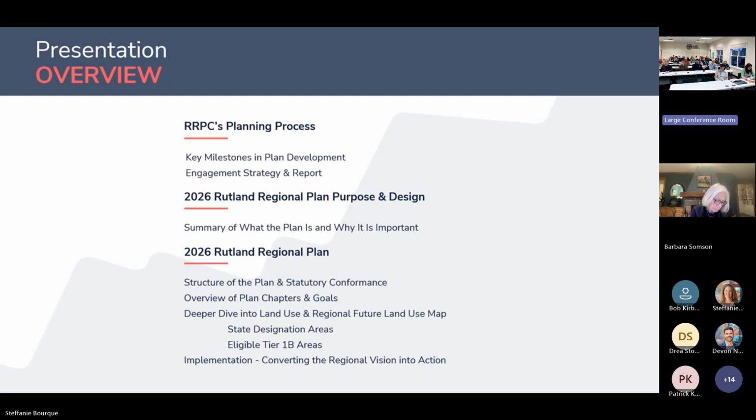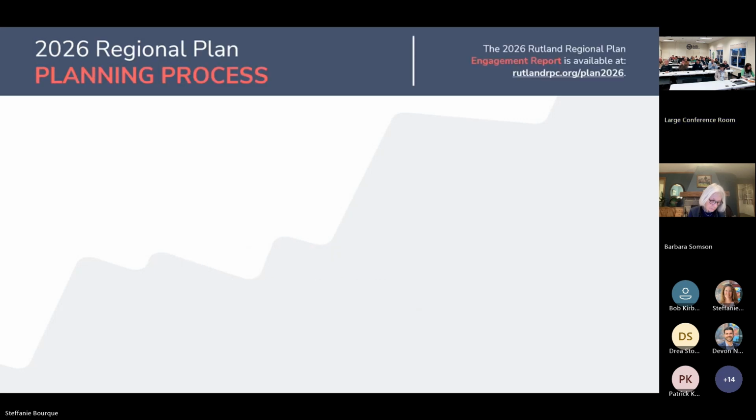We'll use that to talk a little bit about the state designation areas and eligible Tier 1B areas. And then I'll wrap up with a little discussion regarding the implementation of this plan, with a focus on how we're going to be converting the regional vision into action.